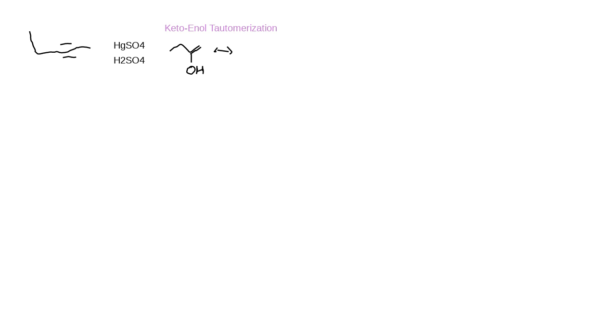So we are turning this enol into this ketone. As you notice, it should have the same amount of carbons. Also, sorry, this should be a hydrogen at the very end. So 4 carbons here, 4 carbons here, 4 carbons here. This is acidic sulfuric acid.